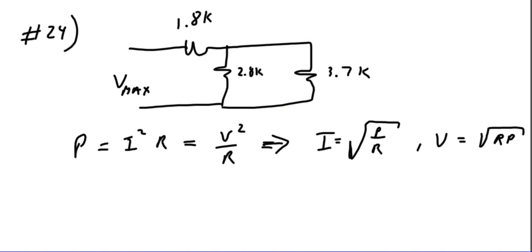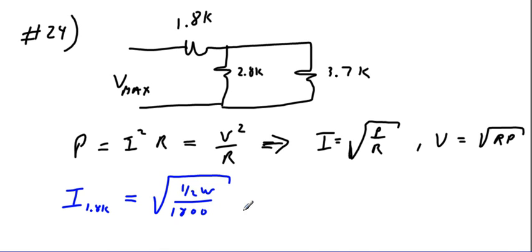voltage? Okay, so what we're going to do is look at each of the resistors individually to see what the maximum current and voltage could be across each of those resistors. So I look at the current through the 1.8K guy, and that could be the square root of power, which would be a half watt, divided by 1800.